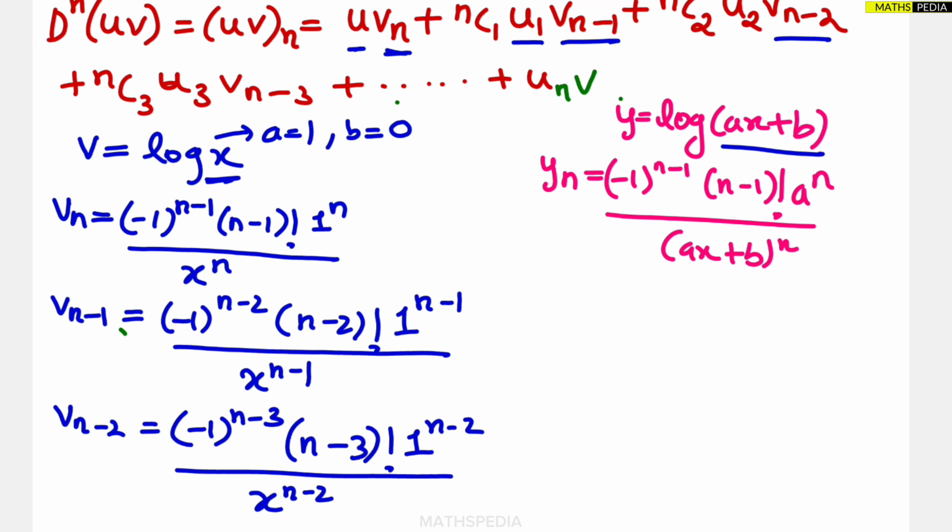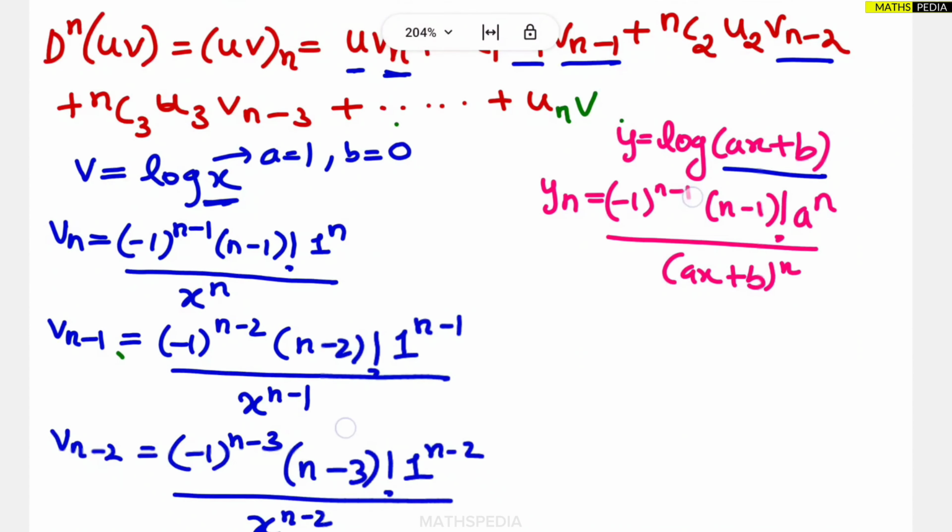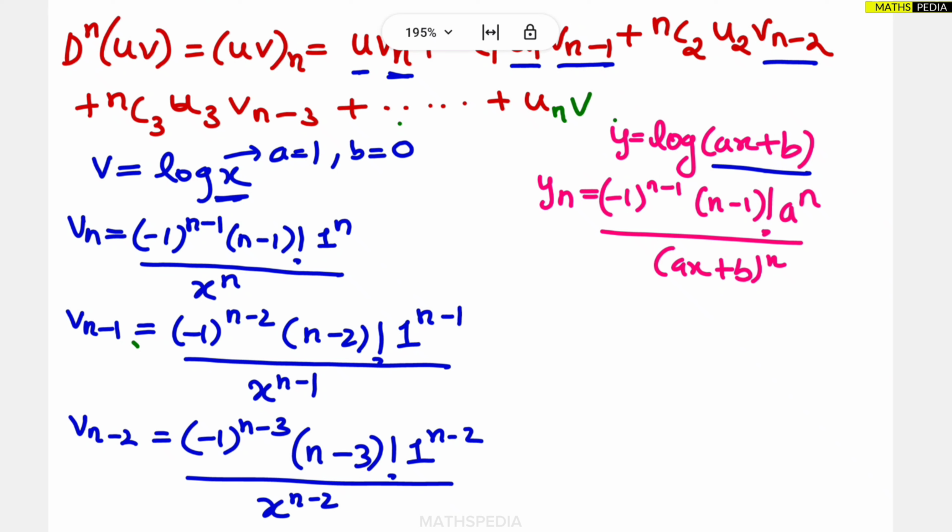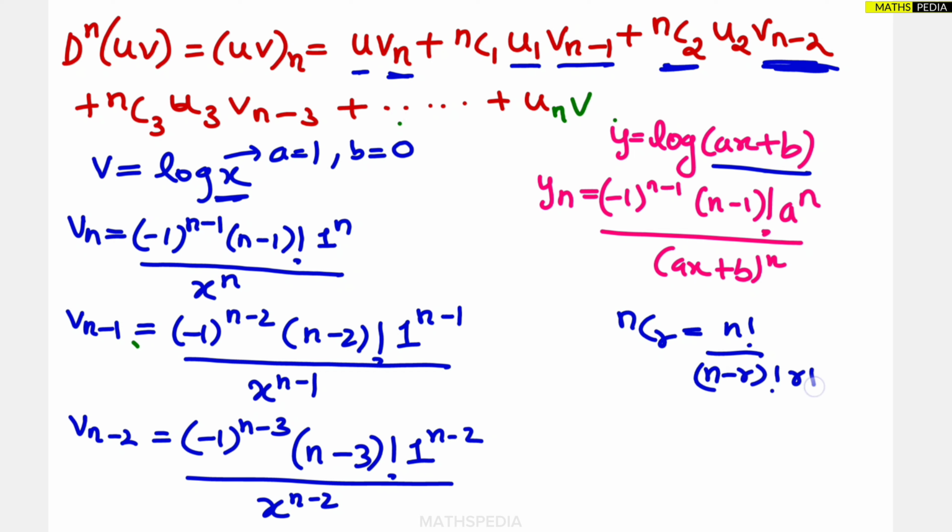So till vn minus 2 we have got. What will be vn minus 3? It is quite complicated, so we'll stop till vn minus 2. That is better. Now what is nC2? The value of nCr is n factorial divided by n minus r factorial into r factorial.